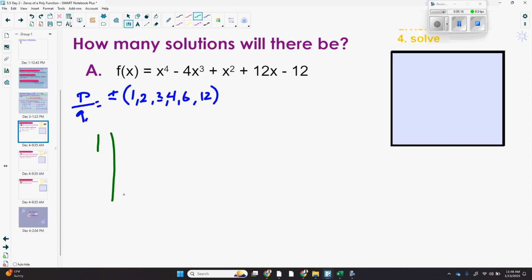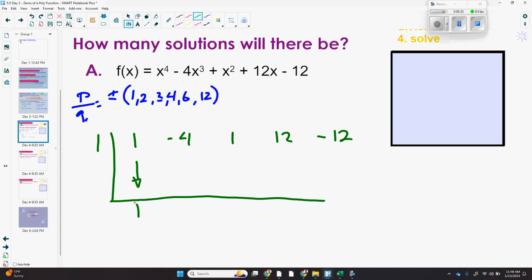If I start with 1 out here, using some synthetic division, my coefficients are 1, -4, 1, 12, and -12. If you forgot how to use synthetic division, you can reference my other videos. This is going to be 1, -3.